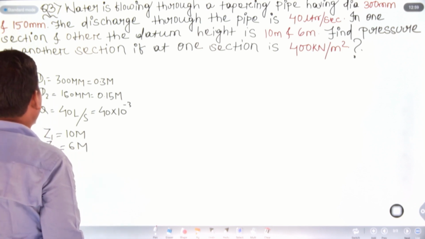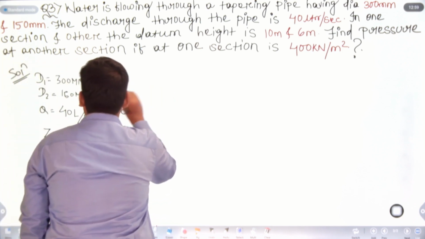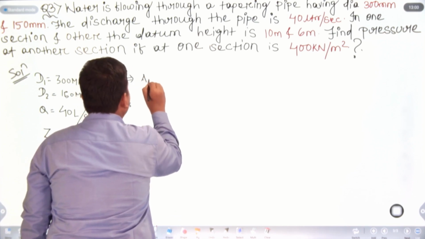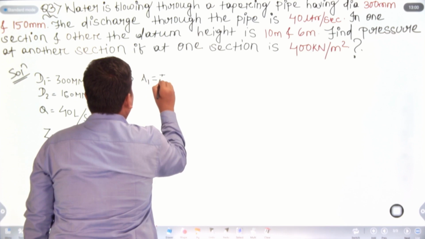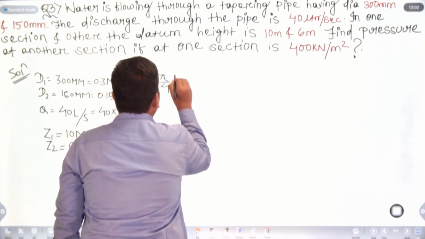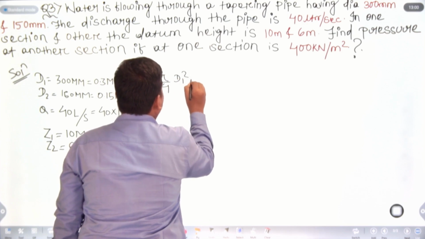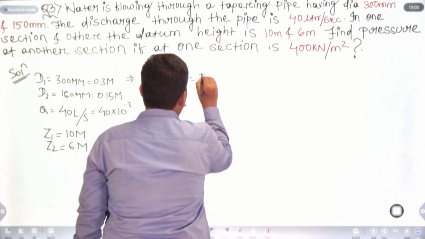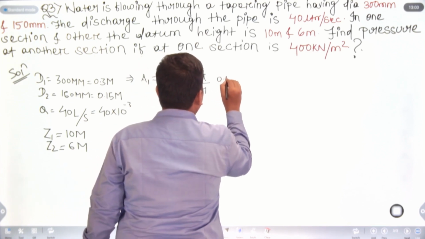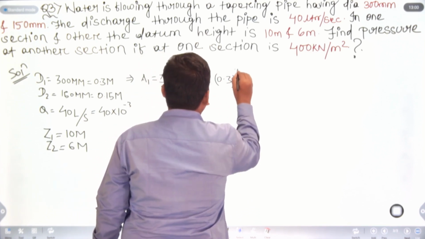First we have to find the area. A1 is equal to pi by 4 D1 square, that is pi by 4 into 0.3 square.